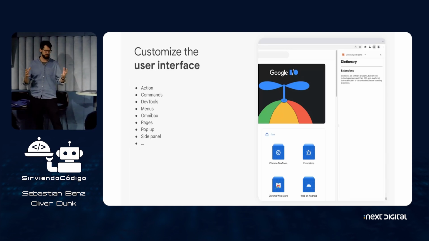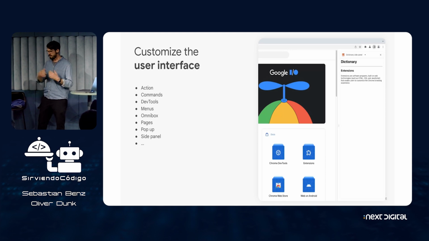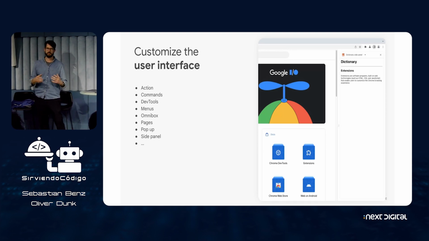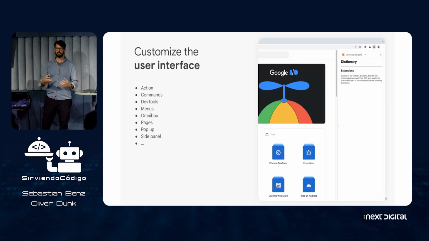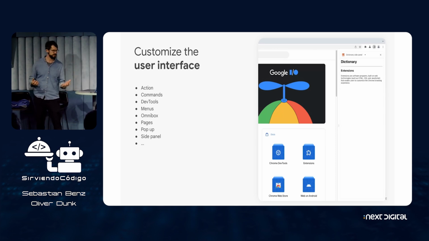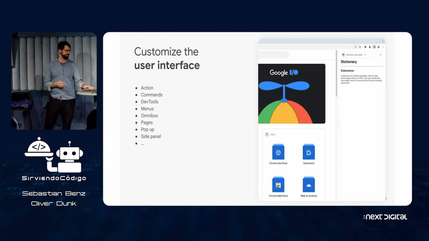Yeah, and I think there's so much potential here by using all these APIs to customize the browsing experiences to the user's needs. And not only the browsing experiences, but also the browser itself. I think there's really a lot of potential here.